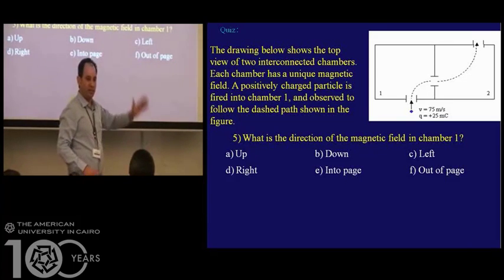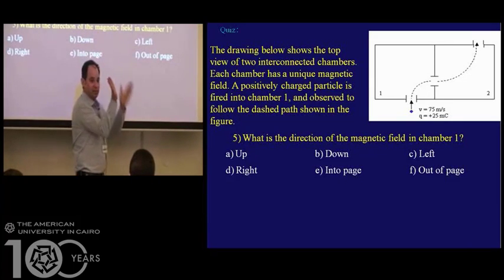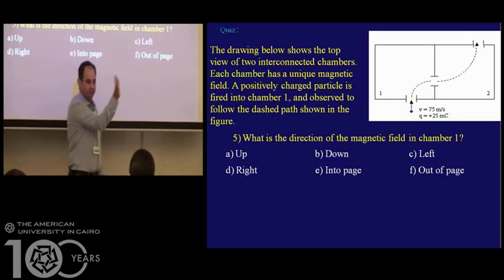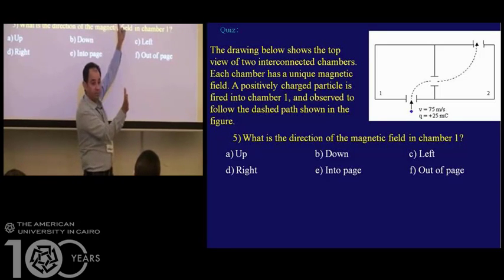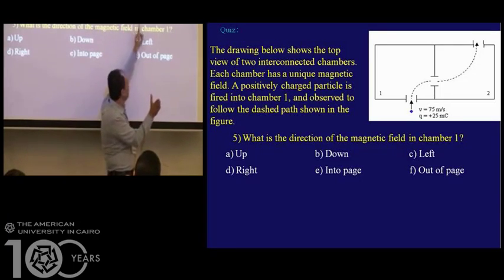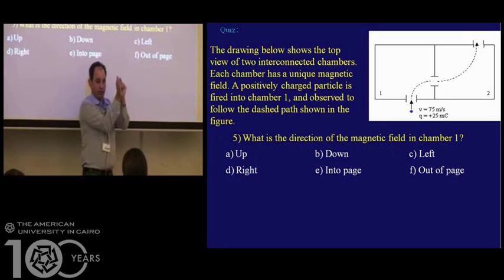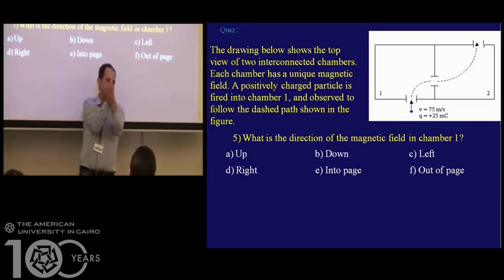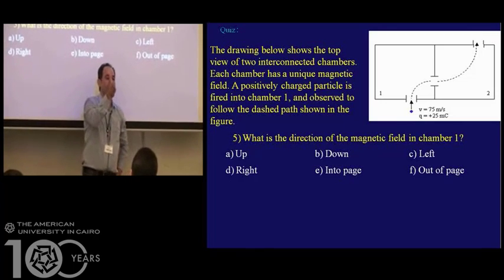What is the direction of the motion? The object goes up. So this is the direction of the force, this is the direction of the motion, and this field line is the direction of the magnetic field. Alright?